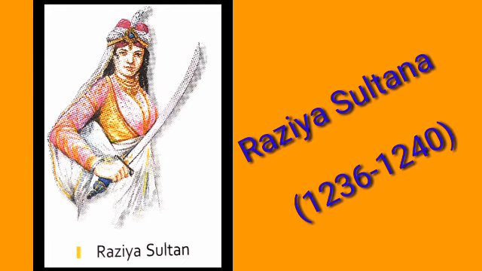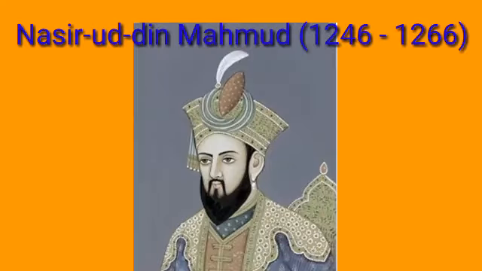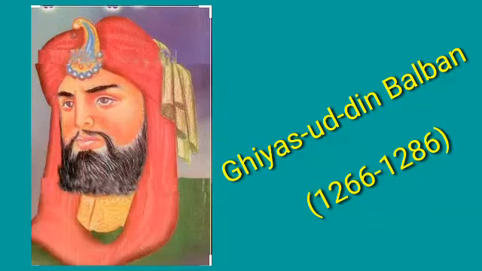After the death of Razia, children, and till the accession of Balban, many rulers came to the throne. Of these, Naziruddin Muhammad, another son of Iltutmish, ruled from 1246 to 1266. He was just a puppet in the hands of the powerful nobles. Ghiyasuddin Balban, 1266 to 1286.